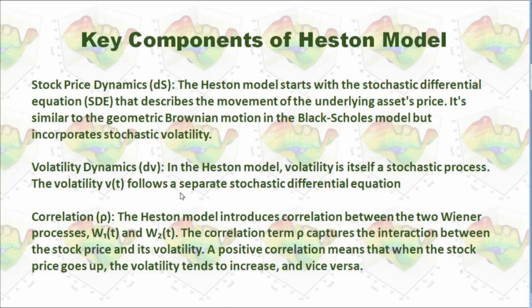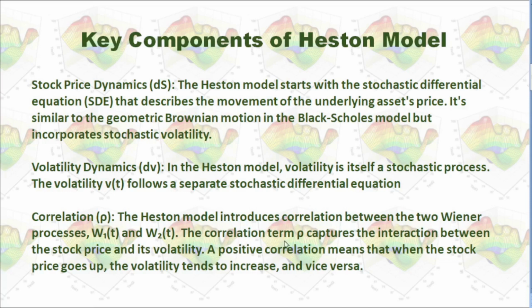Secondly, in the Heston model, volatility is itself a stochastic process. The volatility follows a separate stochastic differential equation. Lastly, the Heston model introduces correlation between the two Wiener processes, W1 and W2.